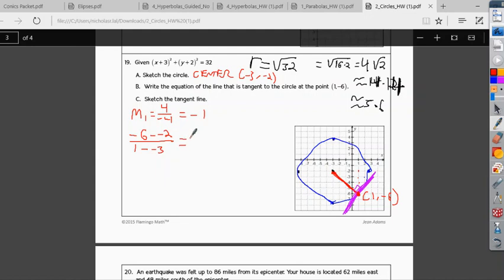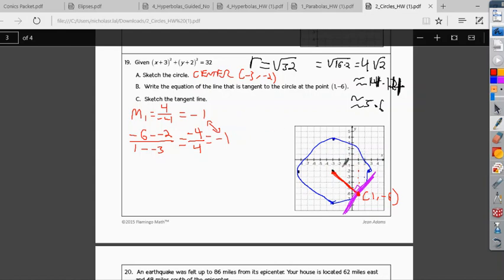That's going to be negative 4 over positive 4. Same difference. That's also equal to negative 1. So that's, once again, verifying my calculation.